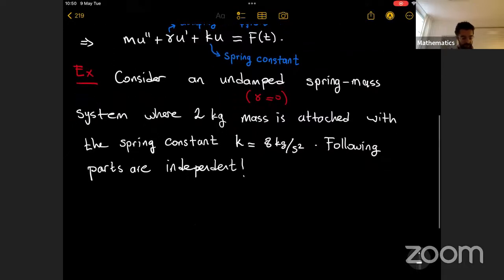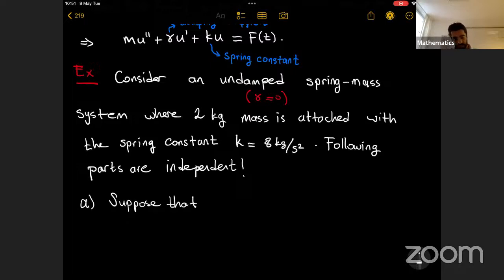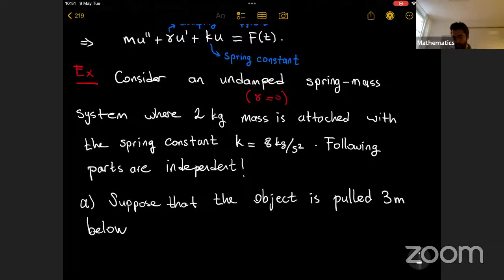The first part, A, let's say, suppose that the object is pulled 3 meters below the equilibrium position.